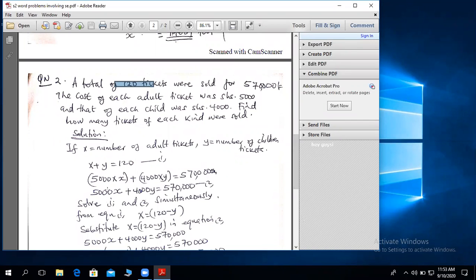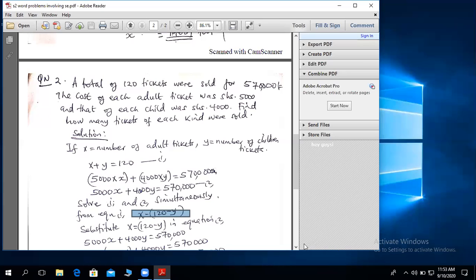Now when I get these two equations, 1 and 2, I can solve them simultaneously. For me, I've chosen to use substitution this time, and I'm saying from equation 1, if I make X the subject like we did, you agree with me that X will be equal to 120 minus Y. When Y crosses the equal sign, it becomes negative.